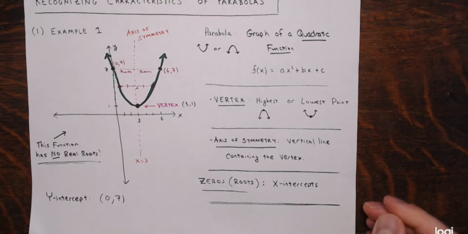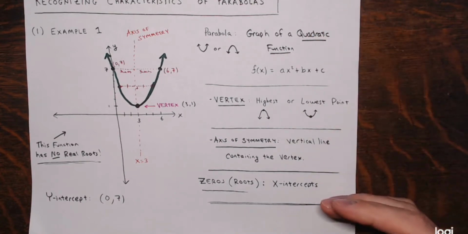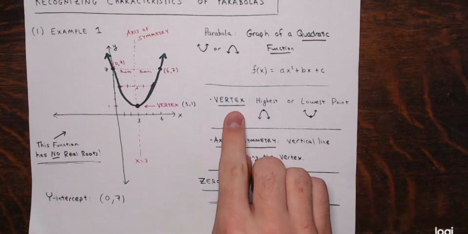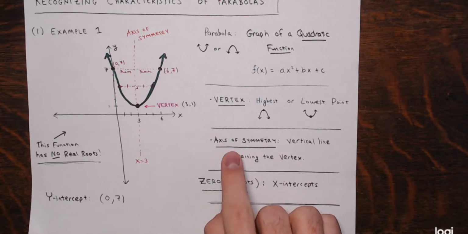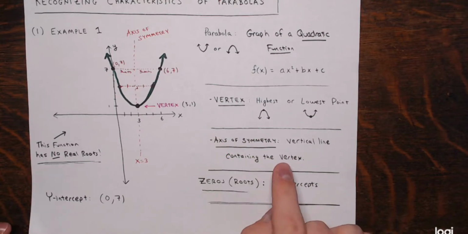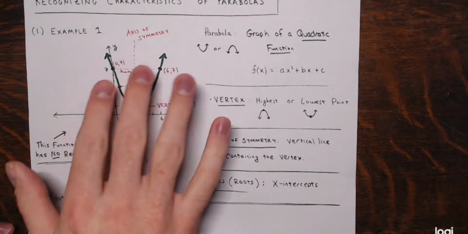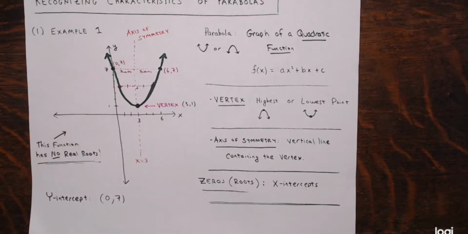Okay, so again, just some key things to look for when looking at the graph of a parabola. What's the vertex? What's the lowest or highest point? And then what's the vertical line that cuts the parabola into equal halves? The axis of symmetry. Here it's x equals 3. What are the zeros or the roots?